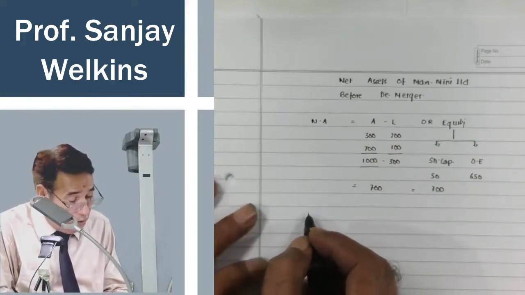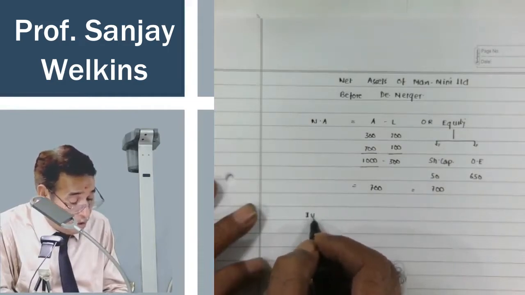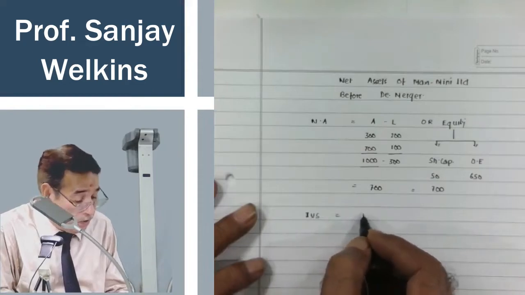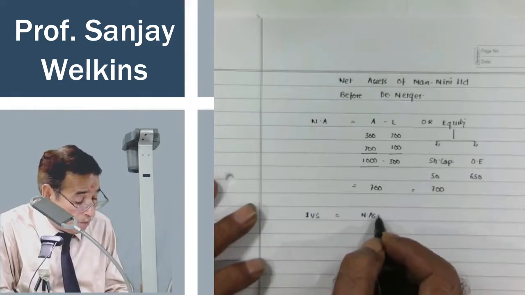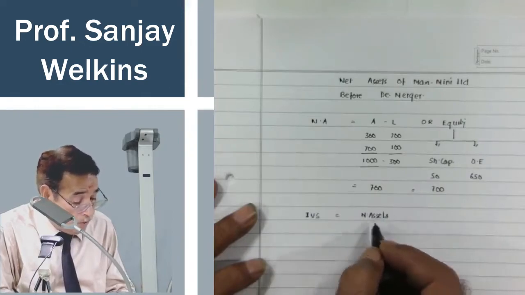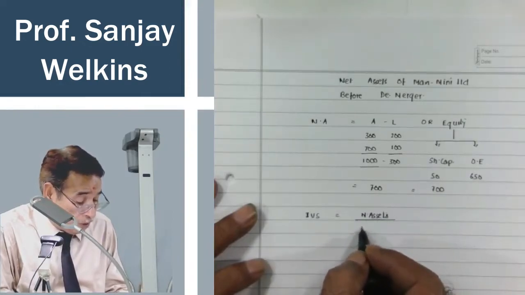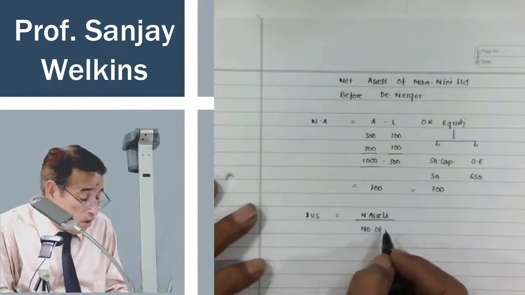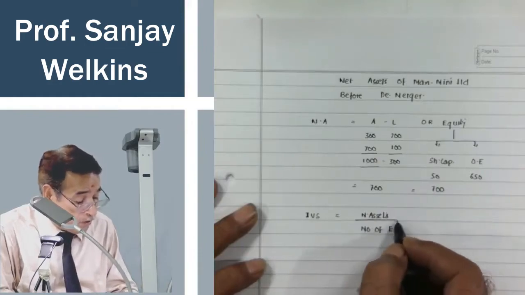So if I want to know the value, or should I say intrinsic value of share, intrinsic value of share is nothing but net assets divided by number of equity shares.